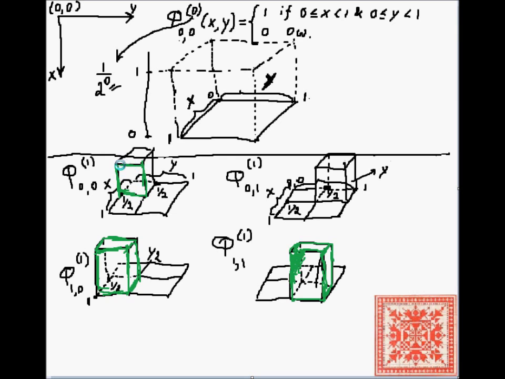Okay, and this is phi 1 sub 0, 0. And this is phi 1 sub 0, 1, for the basic square step functions.